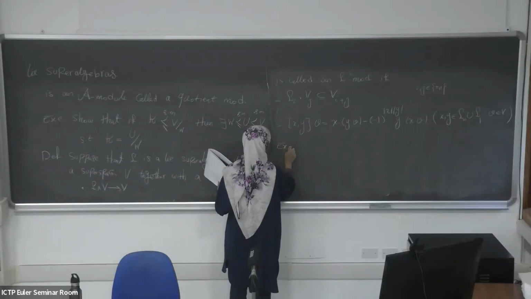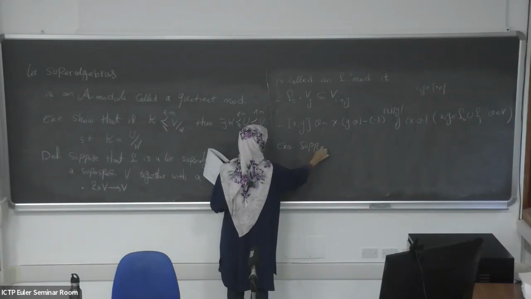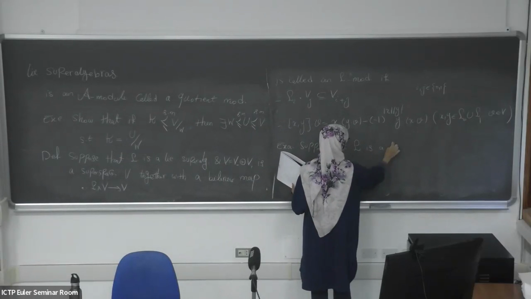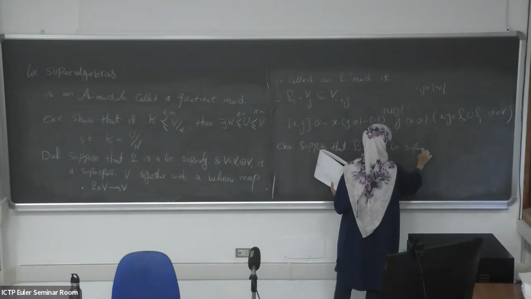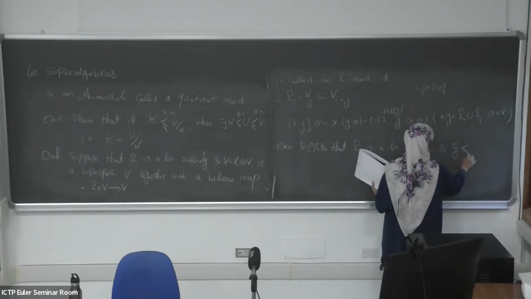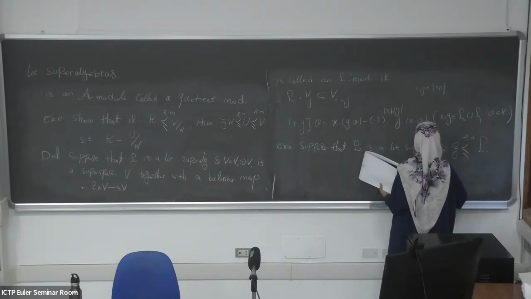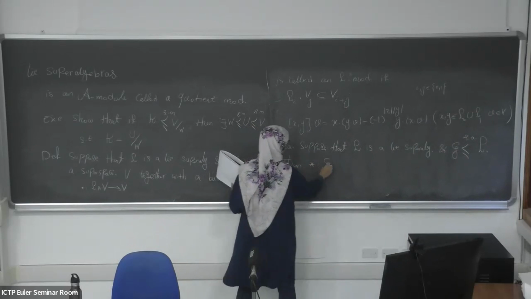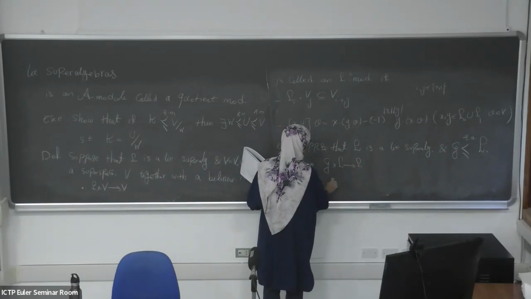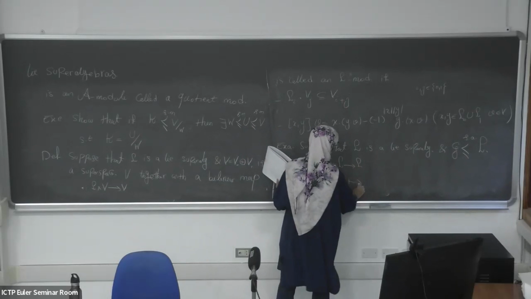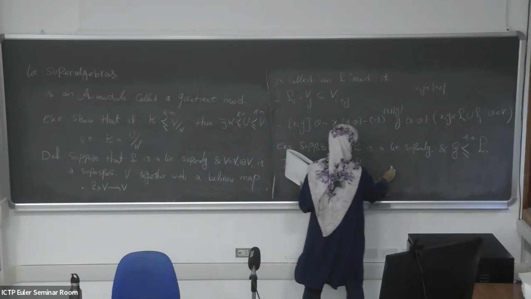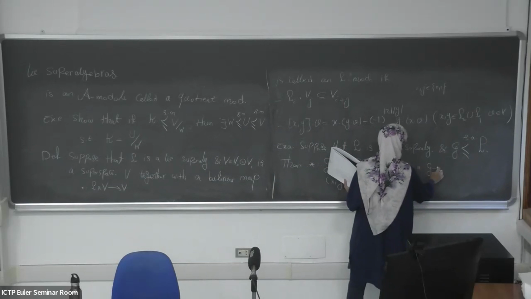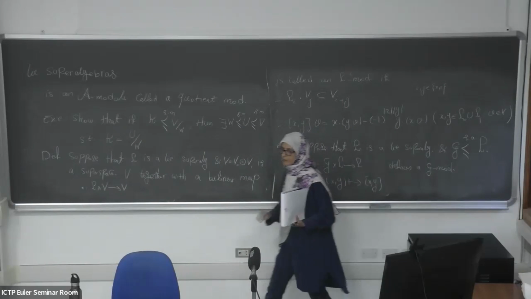Let's look at an example. Suppose that L is a Lie superalgebra and G is a subalgebra of L. Then the map from G times L to L, mapping x, y to the bracket [x, y], defines a G-module.